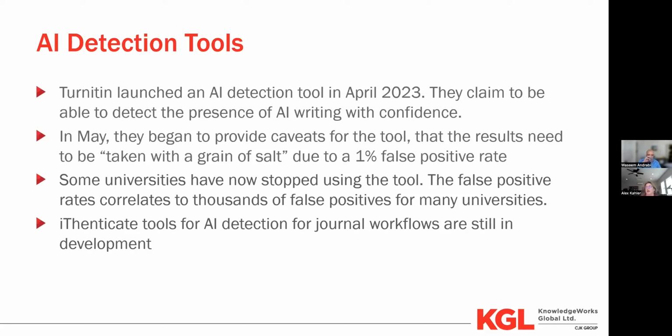I don't think we have a timeline necessarily of when it will come out, but based on the issues with Turnitin, I think we can probably assume that no matter what, there is going to be some false positive rate. And so whatever AI detection tools we might have access to, they're going to have to be used, if they are, with the understanding that they can mark things as AI generated when they really haven't been.